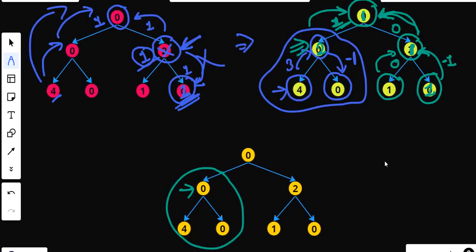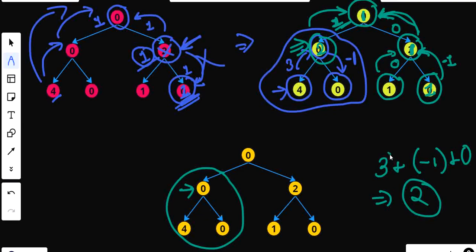It is equivalent to 3 plus -1 plus 0, correct? And this will become 2. So how we got this 2 is, we got the value from the left node, then we got the value from the right node, and we added up the current value.